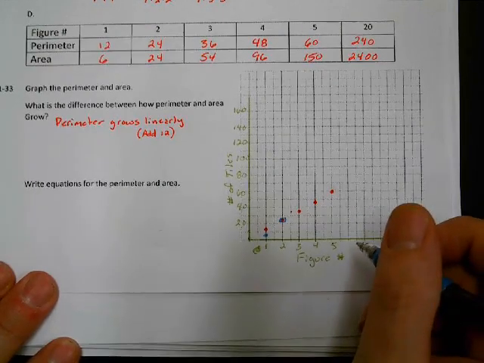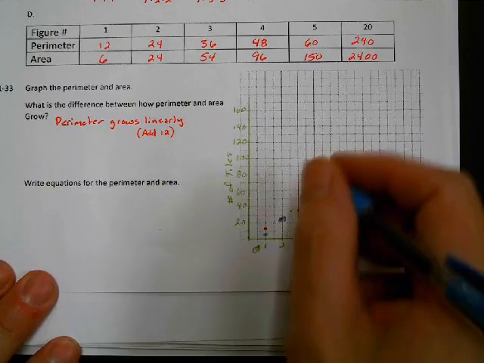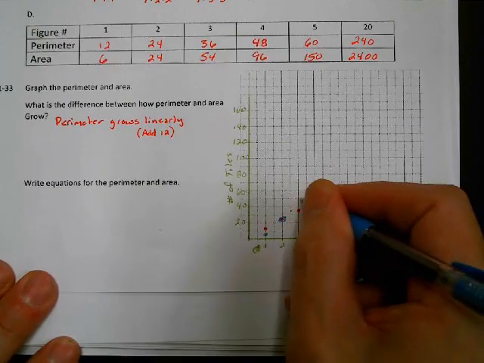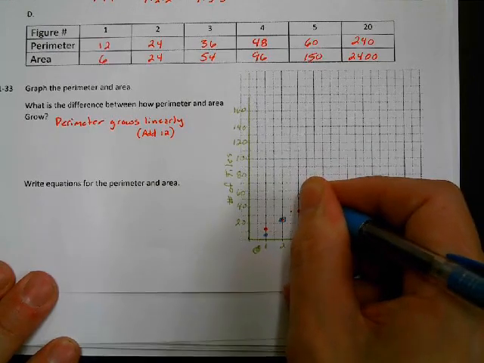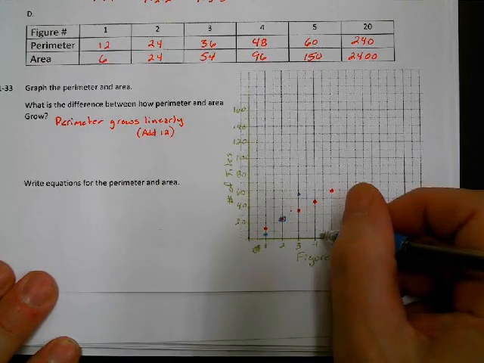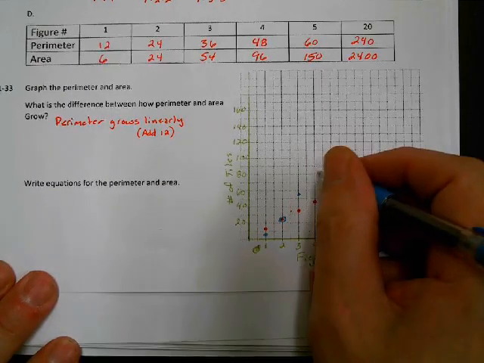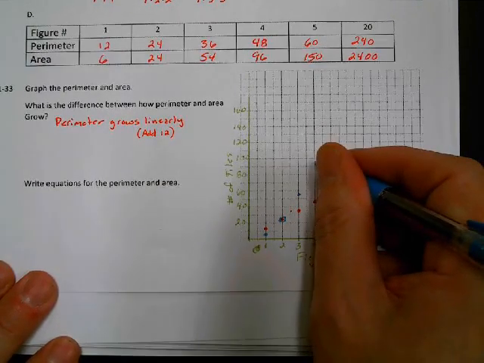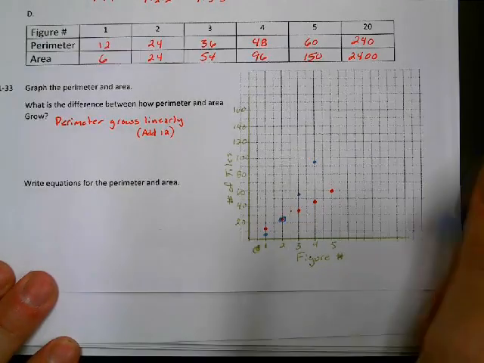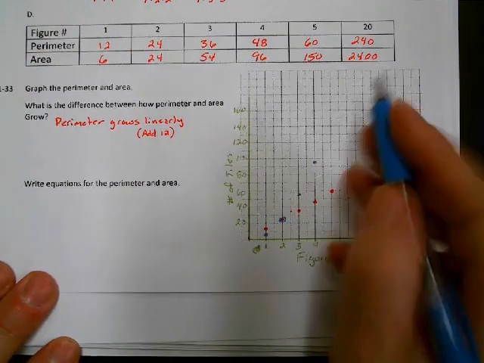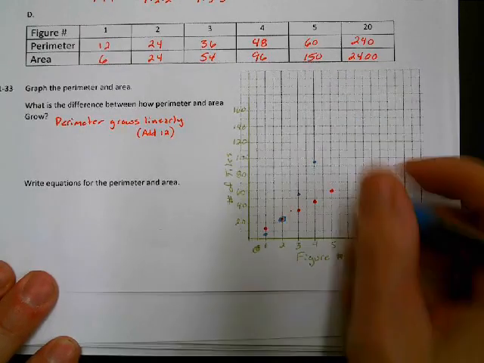So here's 50 and 3 would be about right here. And then 4 is 96. Oh dear. Here's 90. I'm going to call 96 right here. And then 5, we said the final number was 150. So 5, 150. Let's see, that would be right here.